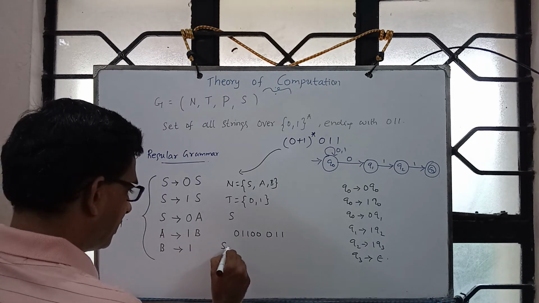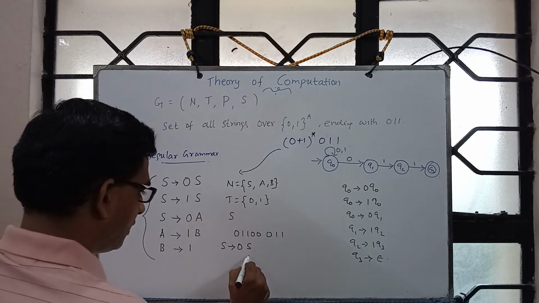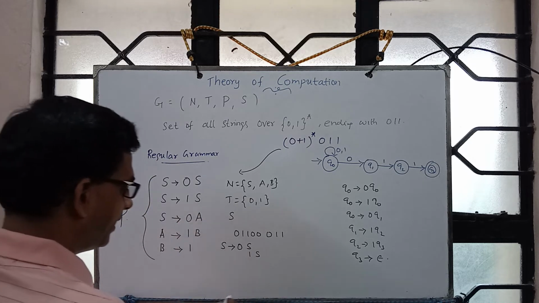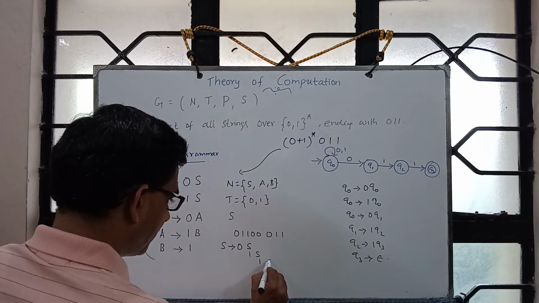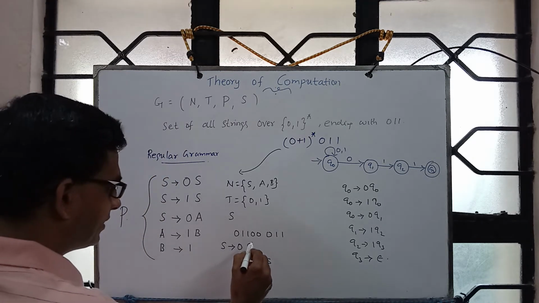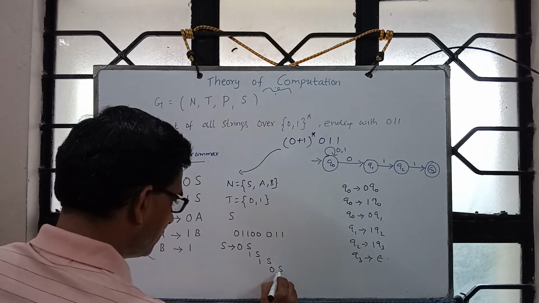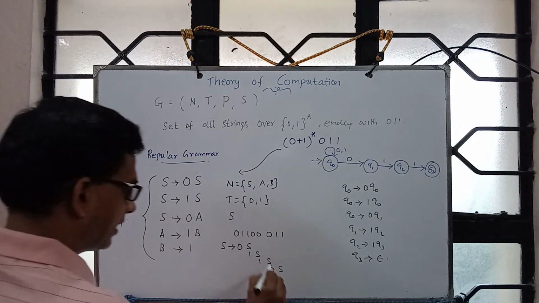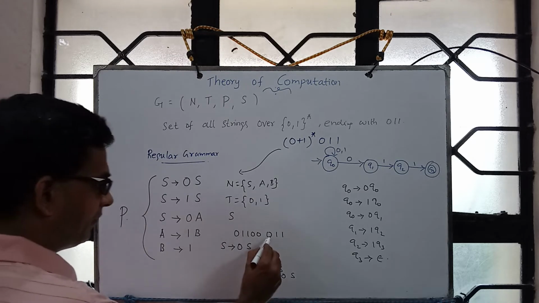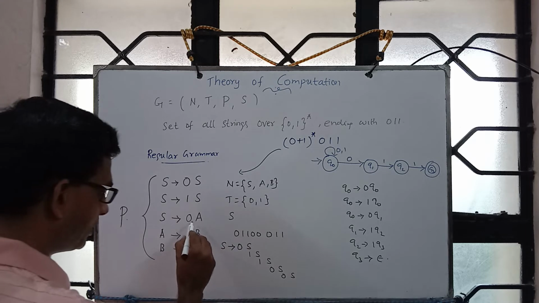I need to start with S implies 0 S, then I need 1, so I'll replace this with 1 S. Then I need another 1, this I'll replace with 1 S. Then it says 0, then this I'll replace with 0 S. Then it says another 0, this I'll replace with 0 S. Then we get another 0, but the pattern starts, so I'll choose this.